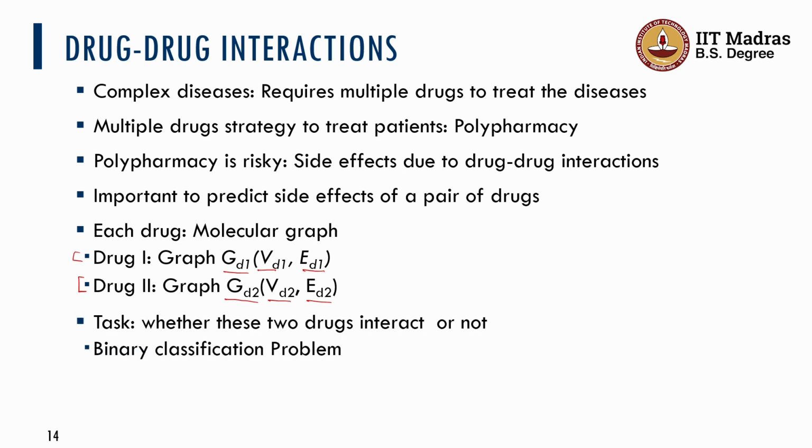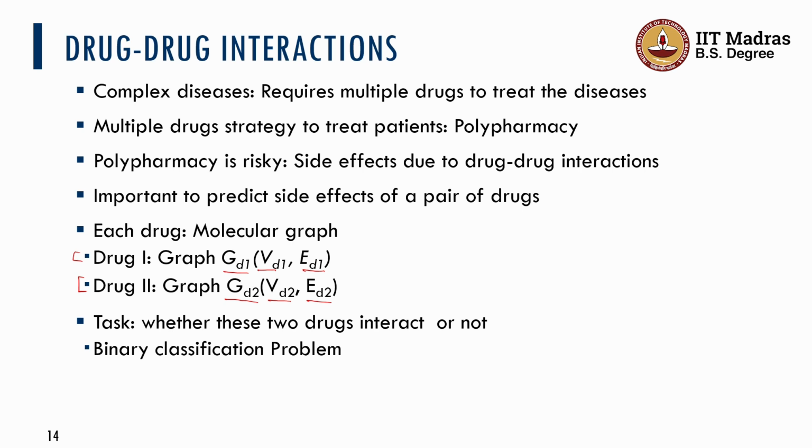The task here is, given two drugs, we want to predict whether they interact or not. Sometimes there is a multi-class problem which we also look at: given two drugs, whether they interact mildly, medium, or severely.